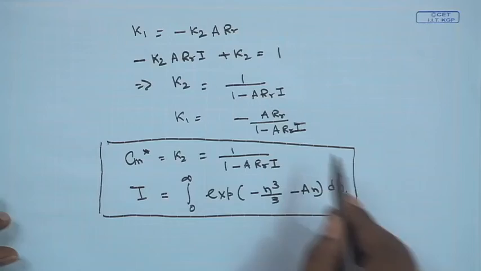We evaluated the concentration profile at y equal to 0 or eta equal to 0 in order to get C m as a function of k 2, R r, I, etc. Now, in the next class we will see how this expression can be hooked up with the transport laws through the porous membrane, and then we can get the system prediction perfectly. Thank you very much.